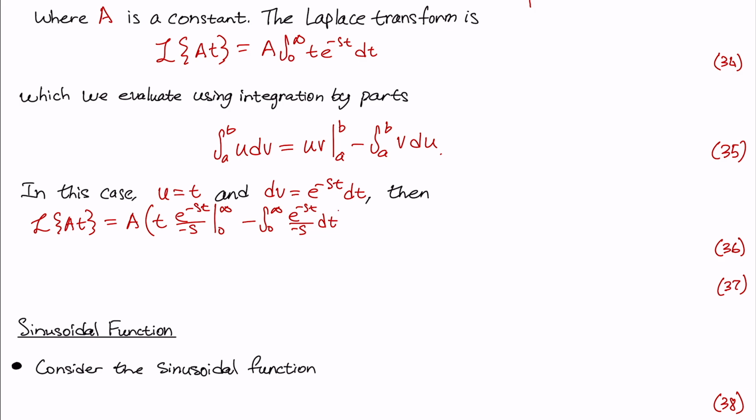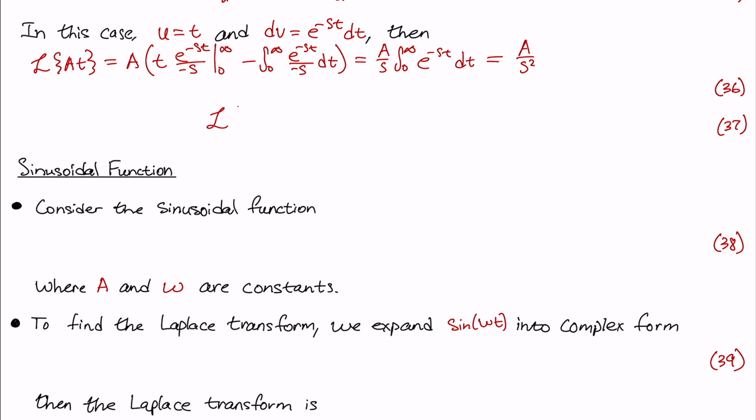And this ends up being equal to a over s times the integral from 0 to infinity of e to the minus st dt. And so it turns out that this is a over s squared. So the Laplace transform of at is equal to a divided by s squared.